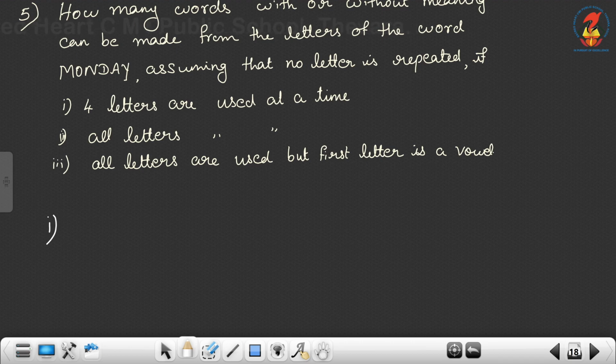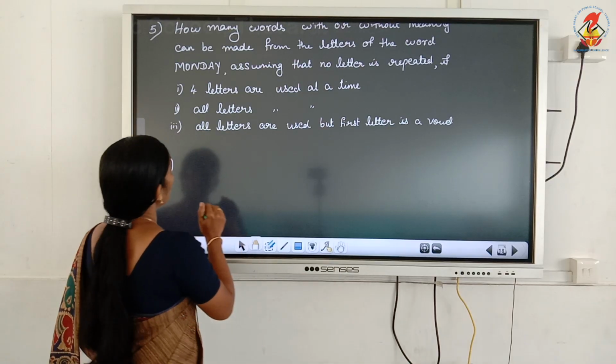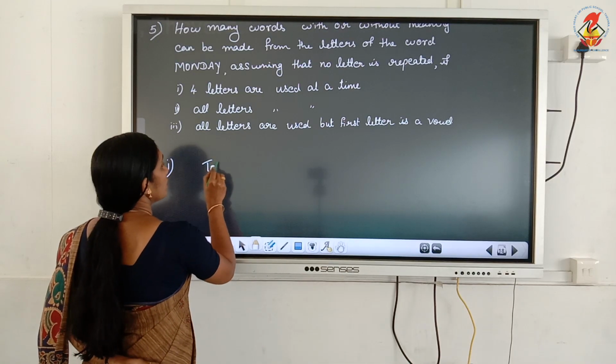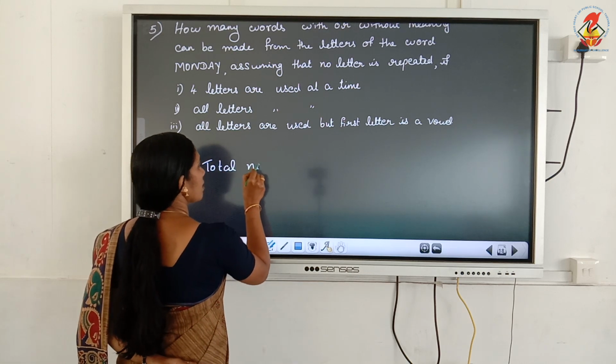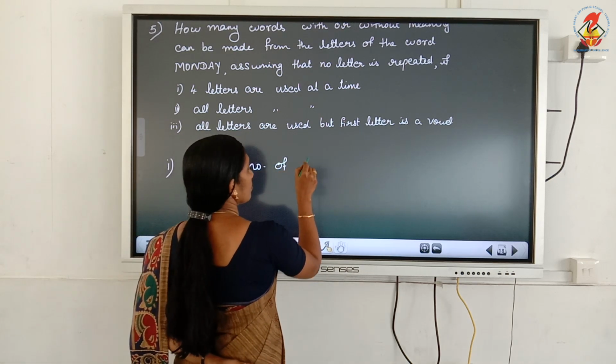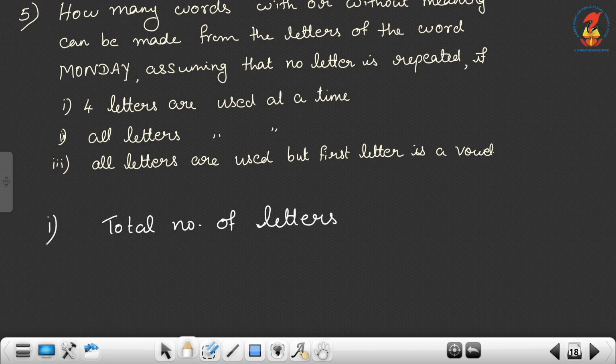4 letters can be used. In Monday, how many letters? Total number of letters: 6 letters are there. That is, the number of objects is equal to 6. And how many do we have to use? 4 letters.